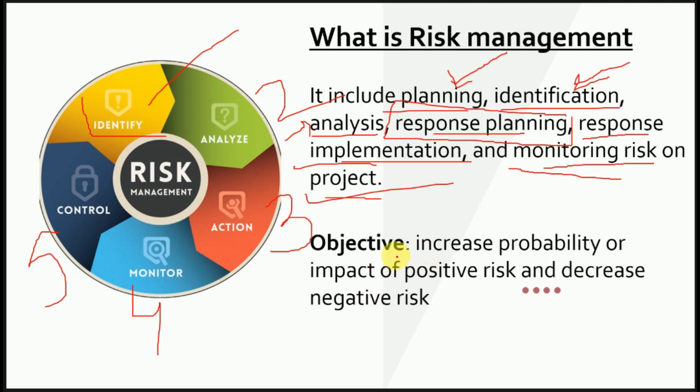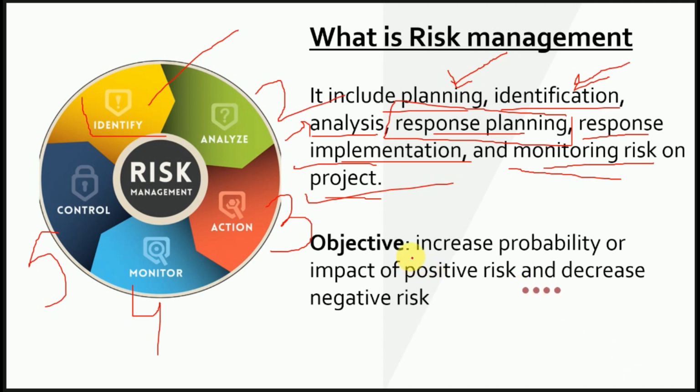Now, let's see what the objective of risk management is. It is as simple as that: we do risk management on our project because we optimize the chance of project success. Our ultimate goal of doing risk management is optimizing the chance of project success. How do we do it?